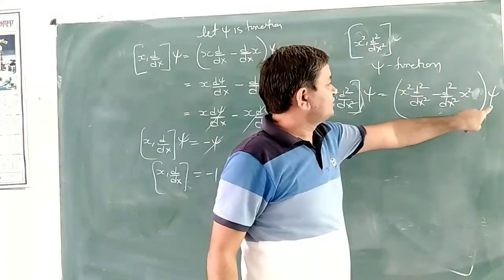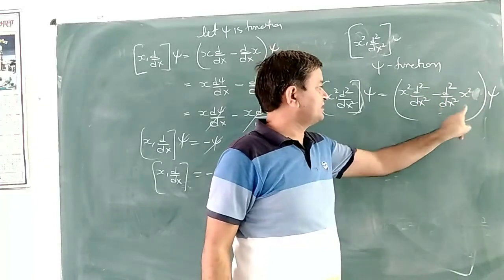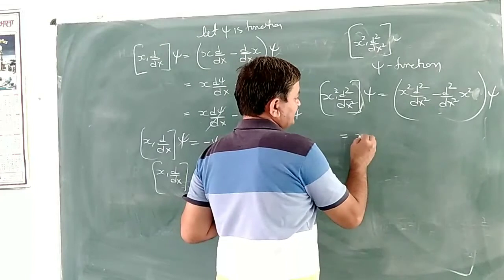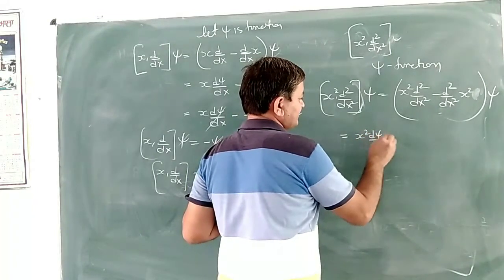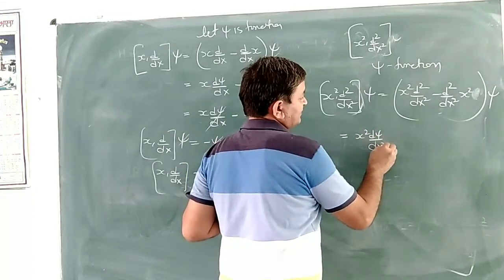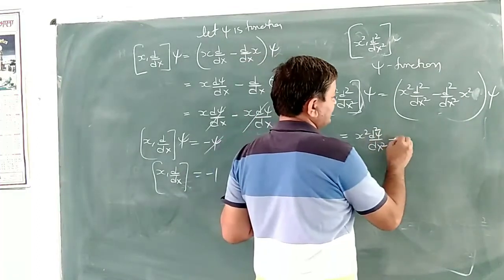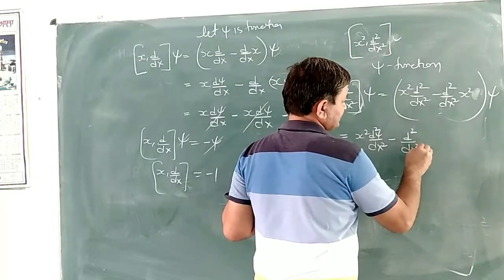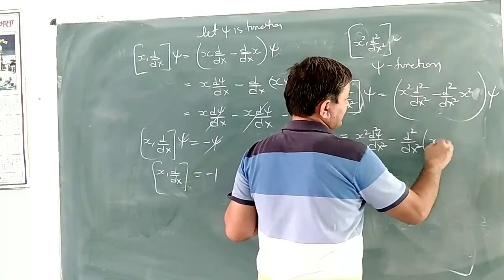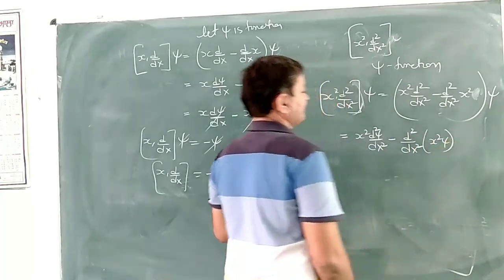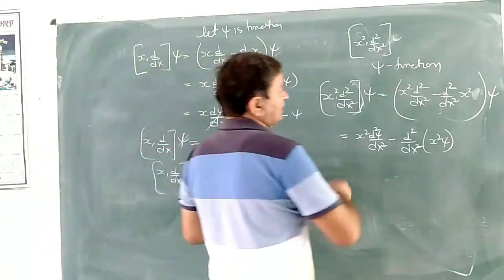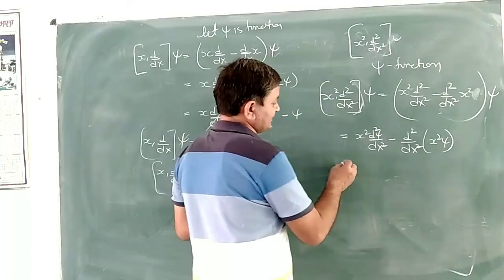Now this psi function will relate to this, and to this. So let's see, it will be x squared d psi divided by dx squared, and minus d squared dx squared and here is x squared and the psi is here. So this is the solution that comes with it. Now after this we will simplify it again.